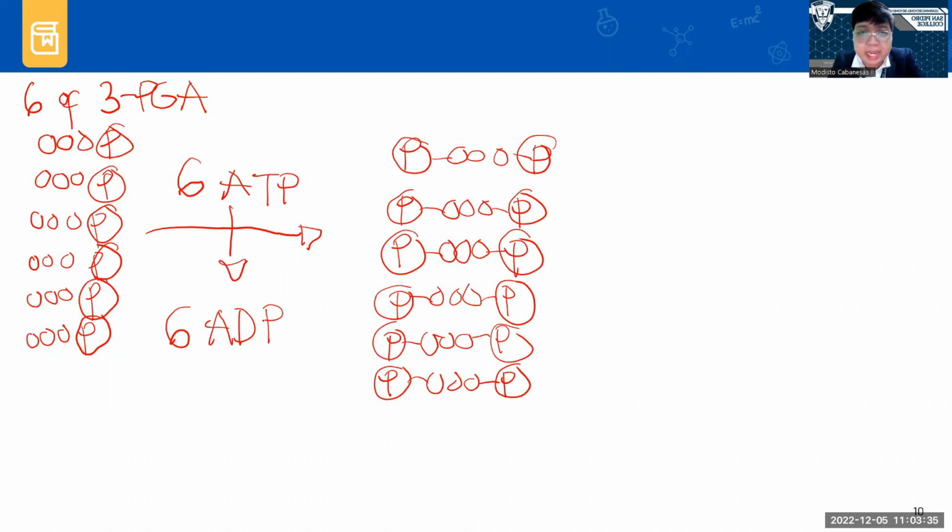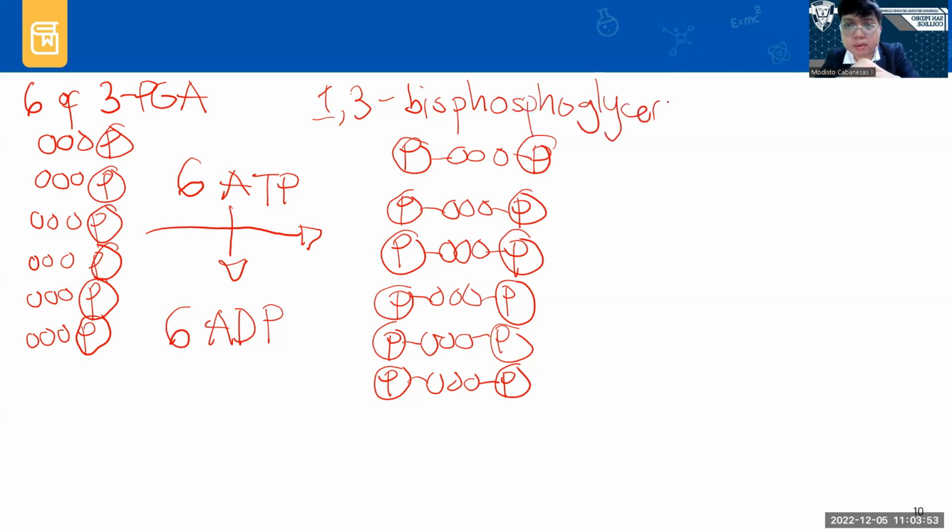Ano ngayon yung pangalan ng molecule na to? We call this 1,3-bisphosphoglycerate. So that's the name of this molecule na nandito ngayon. So we have 6 na molecules.